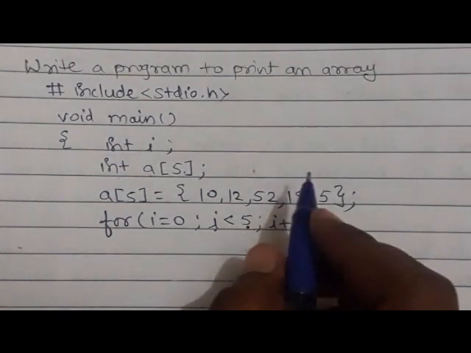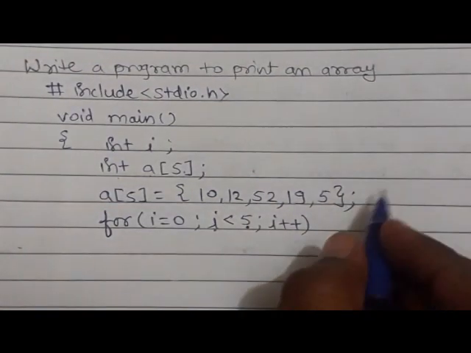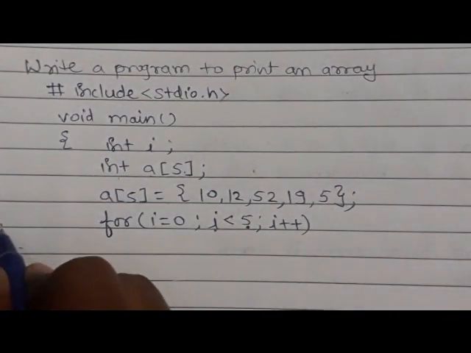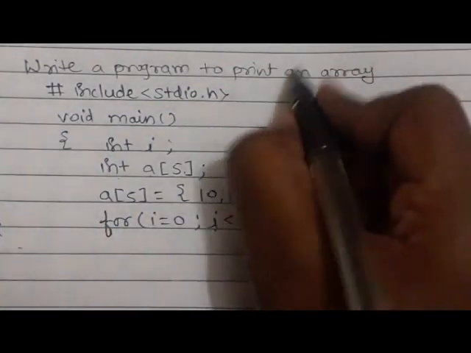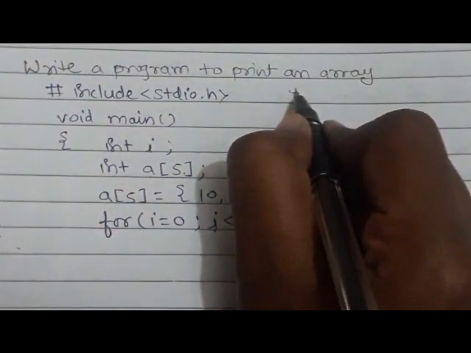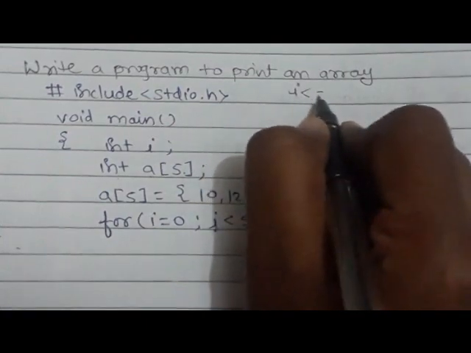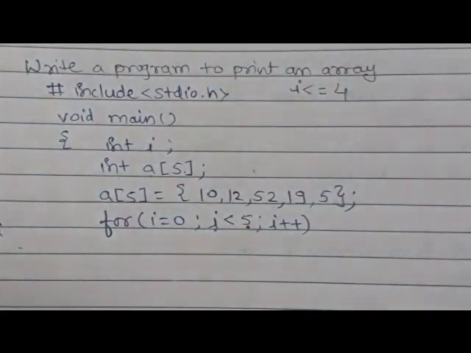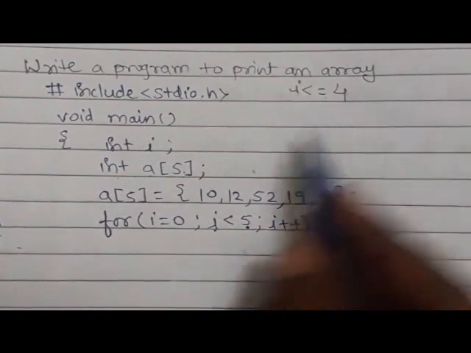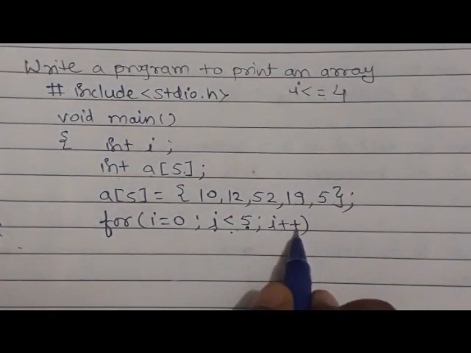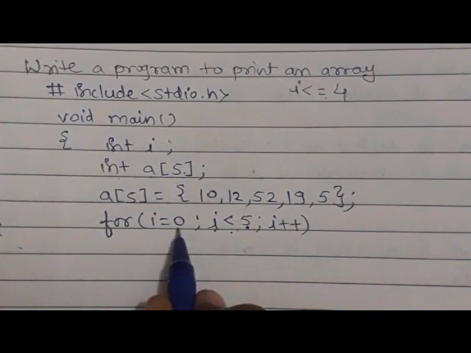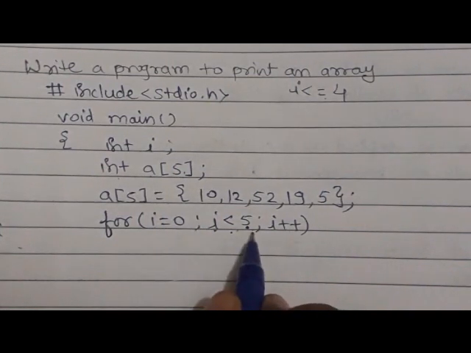Other than this condition, you can also write the condition I is less than or equal to 4. So either this condition or that condition you can use. The last part is I plus plus, so we have to increase this value from 0 to 4.